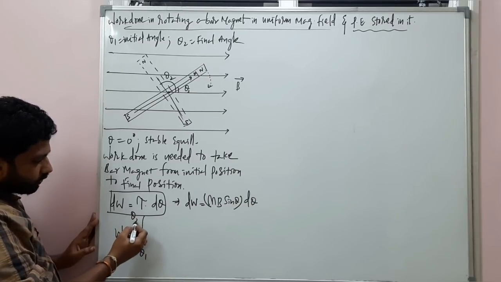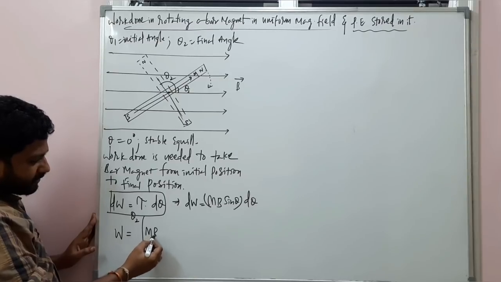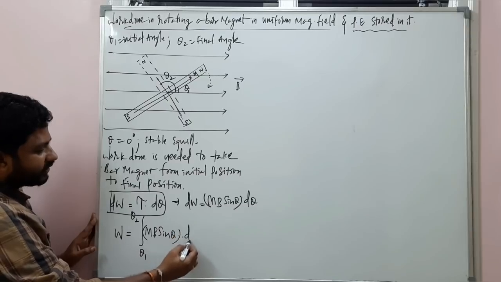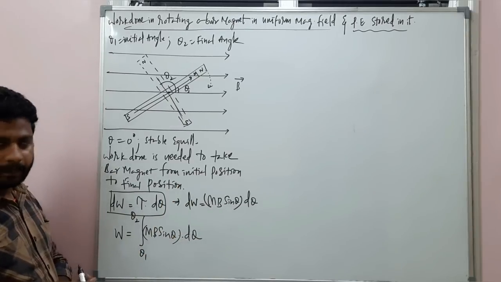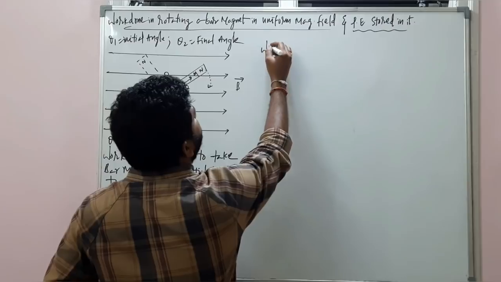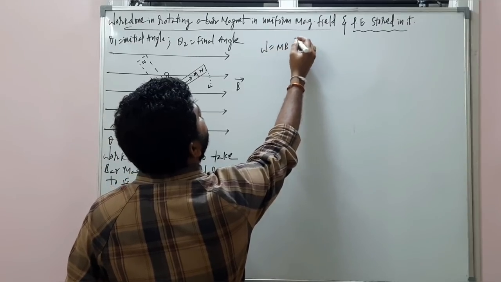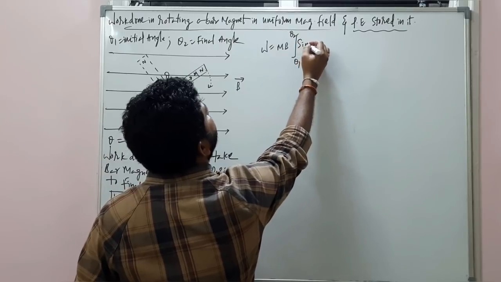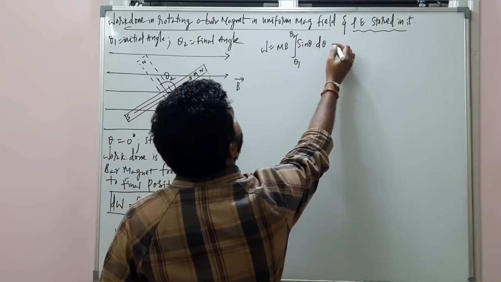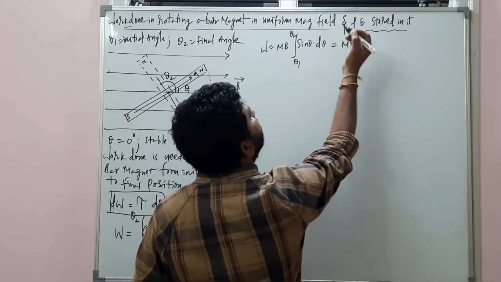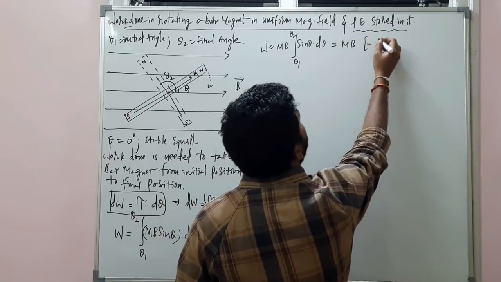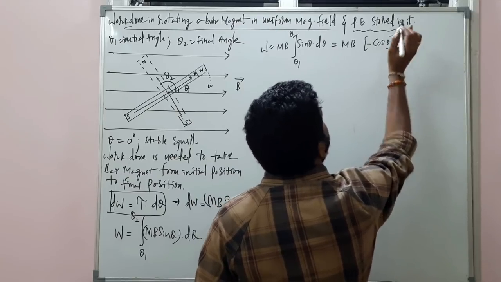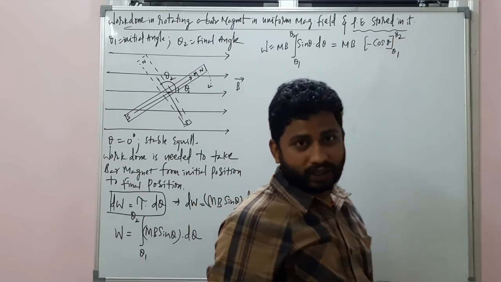Theta 1 to theta 2, mB sine theta d theta. Okay, so W is equal to mB, which will come out, integral theta 1 to theta 2 sine theta d theta. Integral of sine theta will be minus cos theta, and theta 1 and theta 2 are your lower and upper limits.